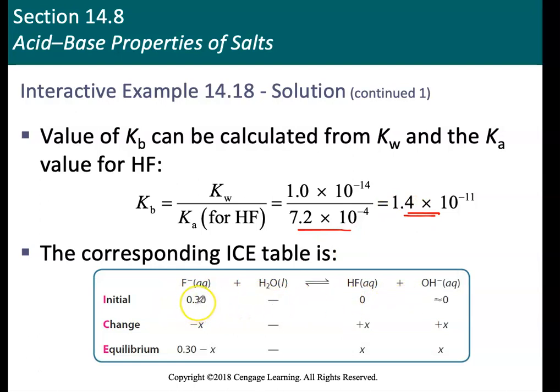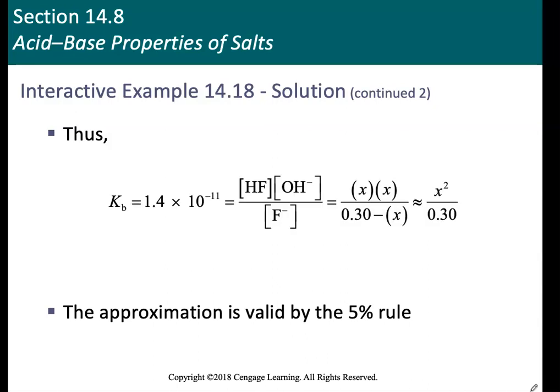So 0.3, the initial, and 0 and 0. We are assuming that no or minimal contribution from the other equilibrium, that is in water. So change minus x plus x plus x, and then you do the usual equilibrium setup. Now let's look at the values.